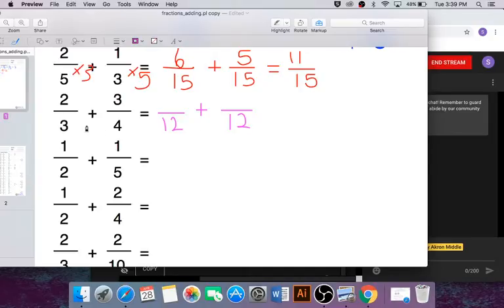So 3 times 4 will give us 12. So this fraction is going to get multiplied times 4. And 4 times 3 is 12. So this fraction is going to get multiplied times 3.